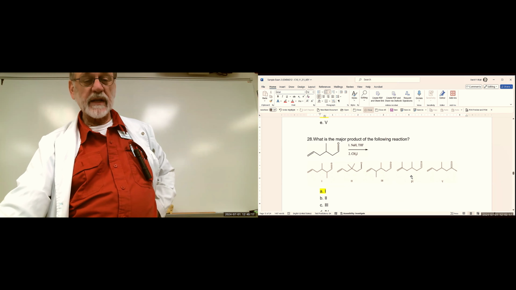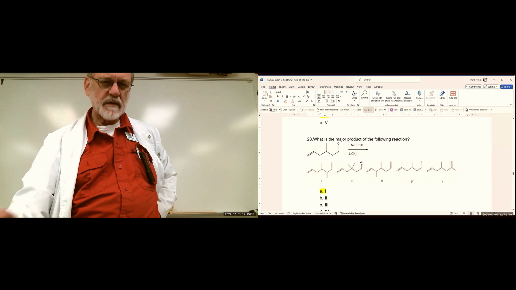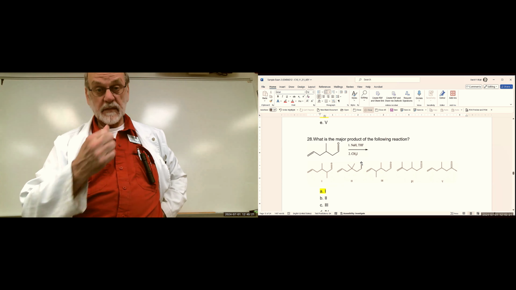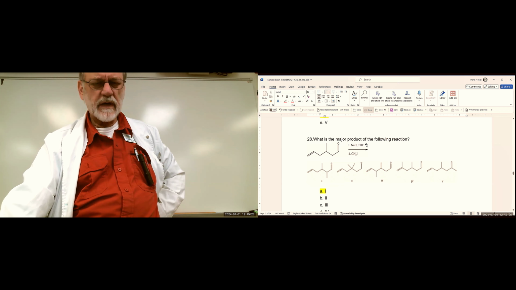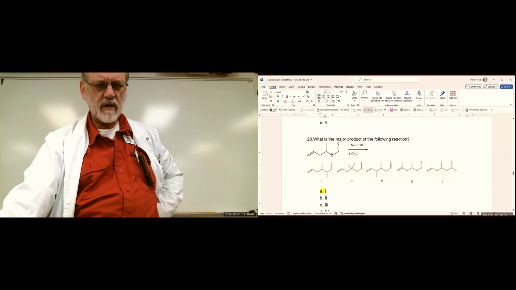At least we can see the reaction conditions: sodium hydride and tetrahydrofuran. That's going to extract a proton from the alpha carbon, which would make it a carbanion, and then we attach a methyl group to it.